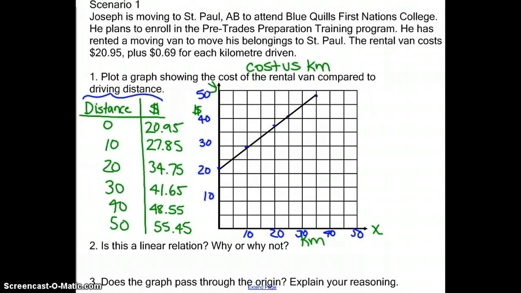Now, is this a linear relation? Why or why not? Yes, it is a linear relation. It does make a straight line, which could be one of your reasons, but the main reason is that it's constant by how much it goes up for each kilometer driven. So yes, it is a linear relation because it increases by constant amounts.